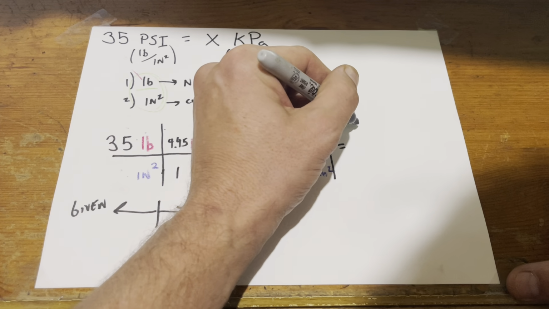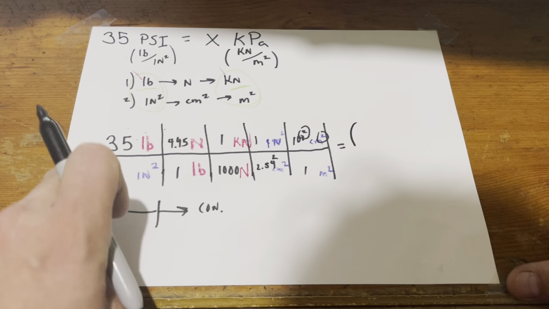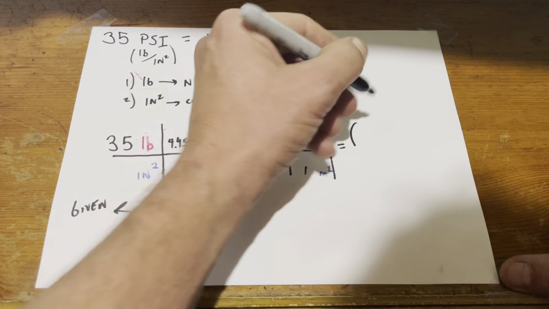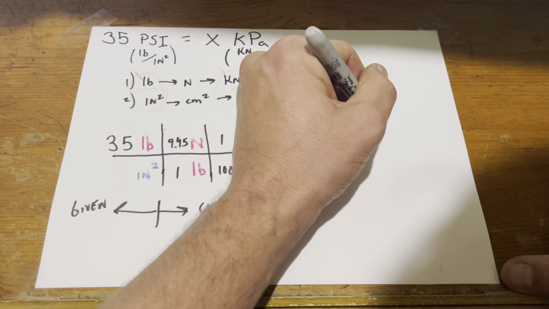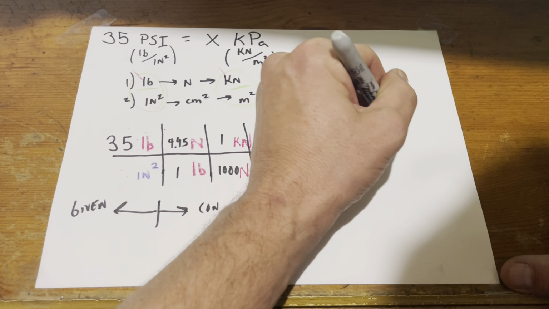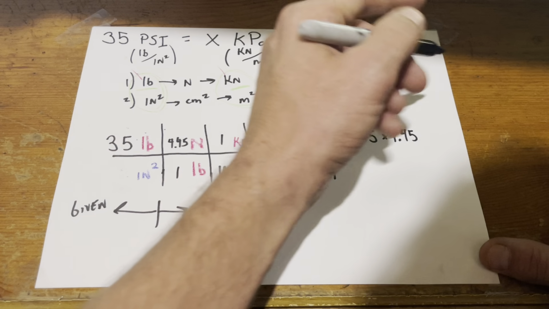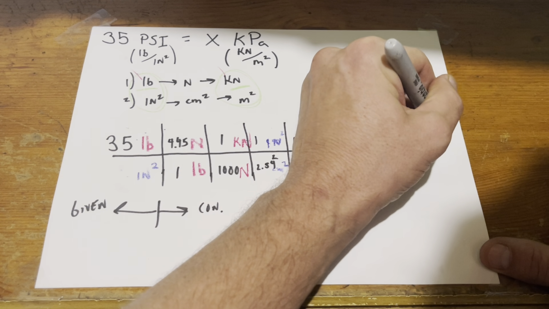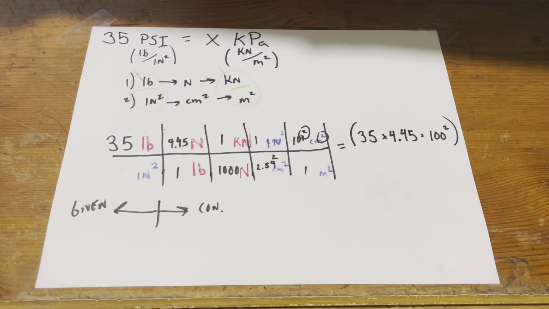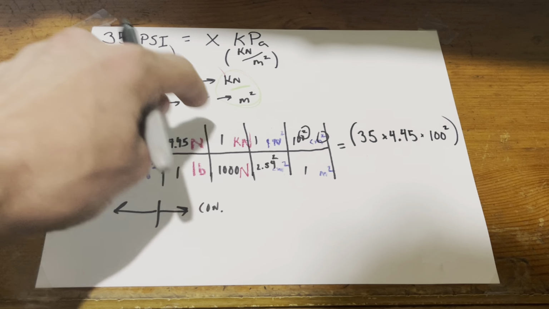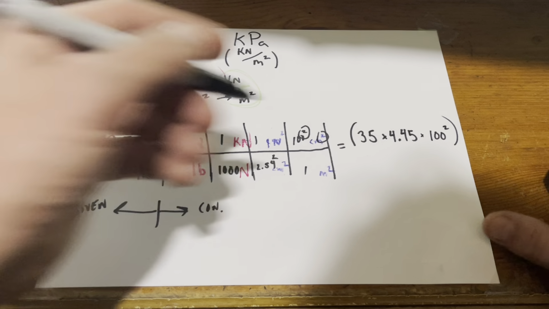All right, so I'm going to go ahead and put brackets on the top. So 35, 4.45, and then on the bottom.